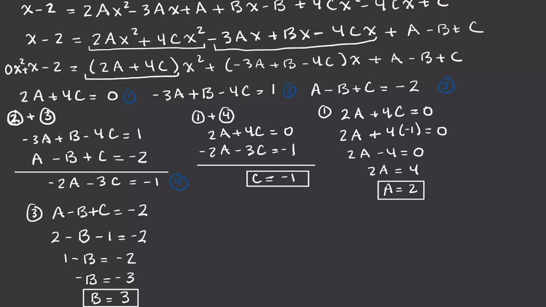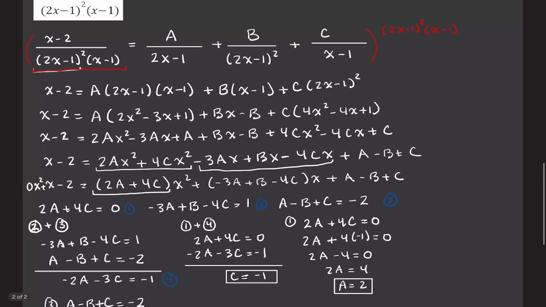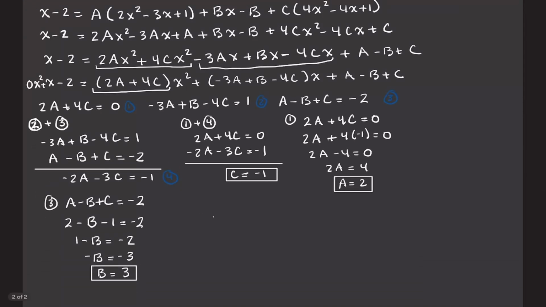Now after I have all my variables, I can rewrite the equation, inputting my variables into it. Go back to the equation: a over 2x minus 1. For a, I would put 2 over 2x minus 1.